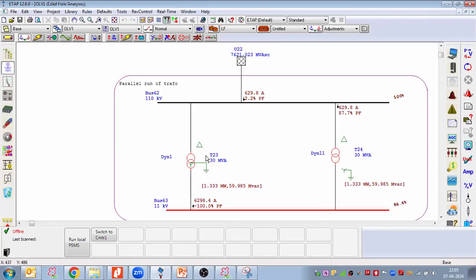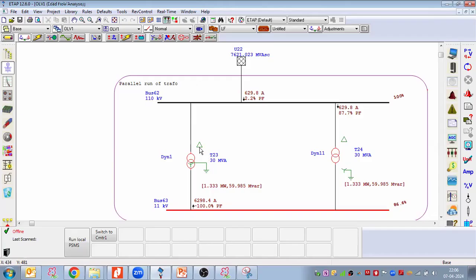So due to this reason, practically when we take two transformers in parallel conditions, we say that both transformers' rating, impedance, and vector configurations must be identical.